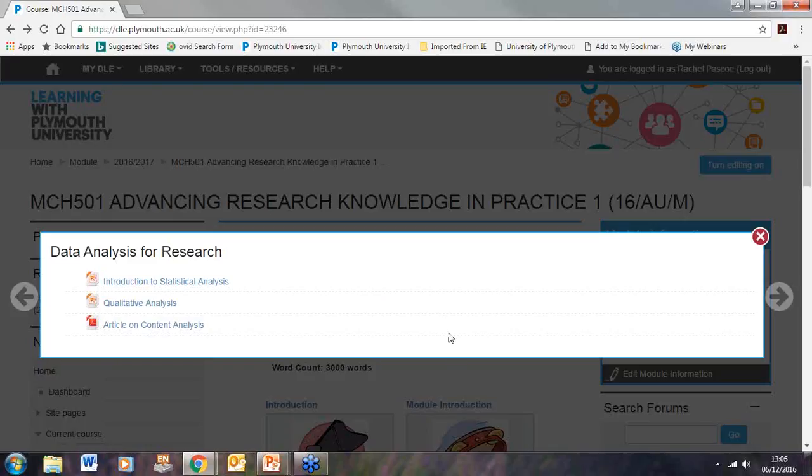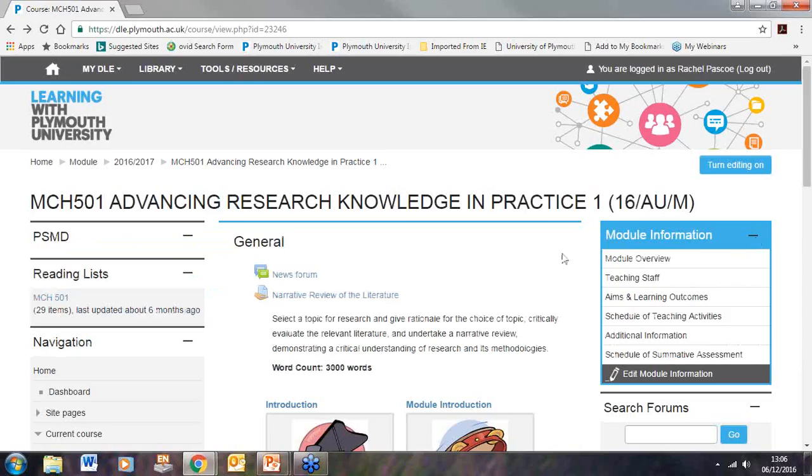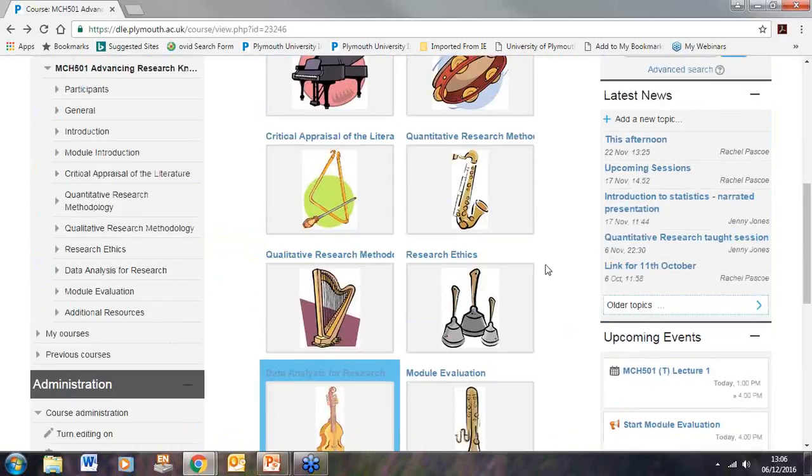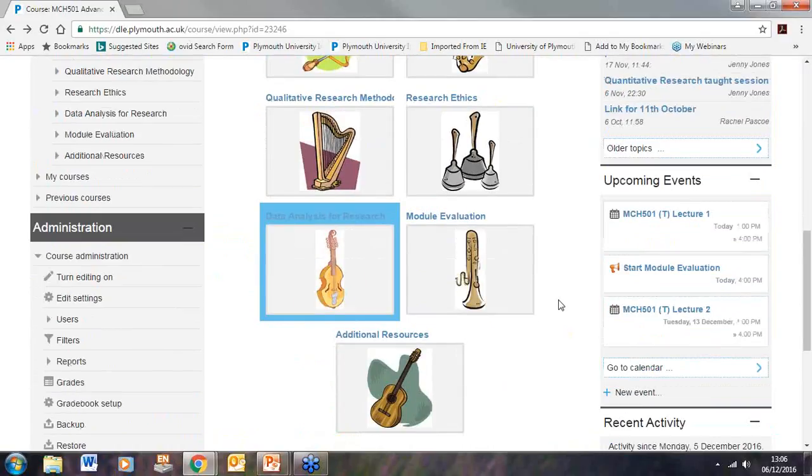She's very happy to answer any questions that you might have on quantitative analysis and particularly statistical analysis. And then I'm going to cover a little bit about qualitative analysis this afternoon. I've also put an article there that you might want to have a look at, which looks specifically at content analysis. So that's the plan for this afternoon.